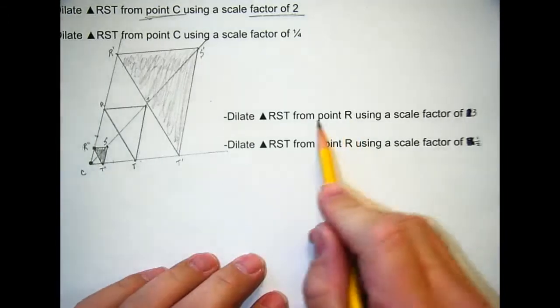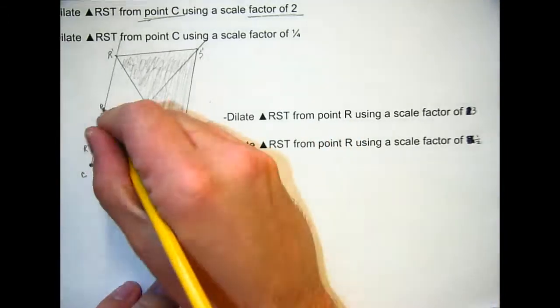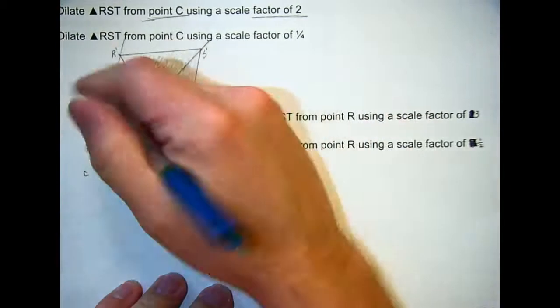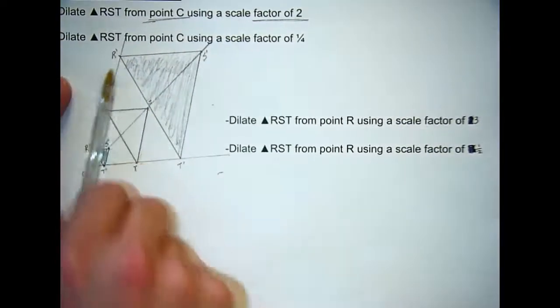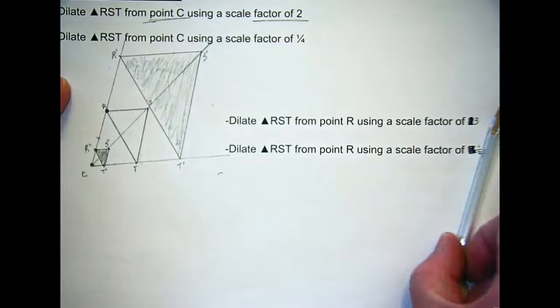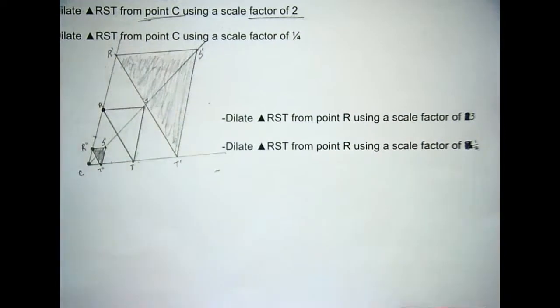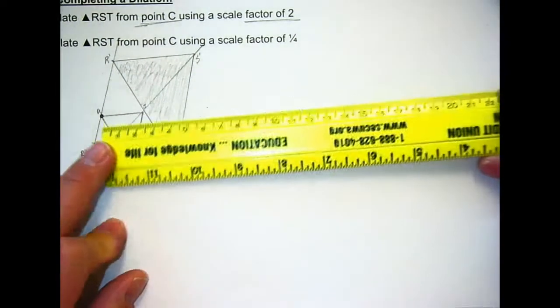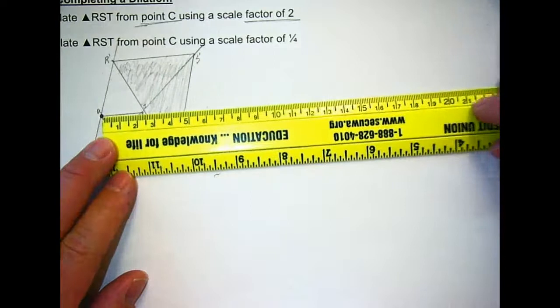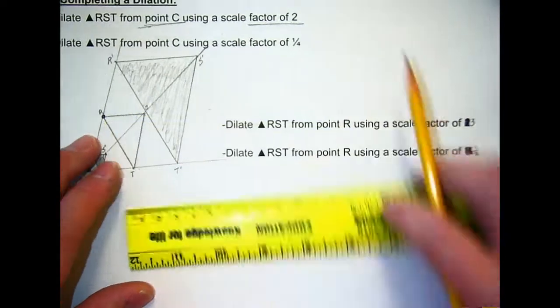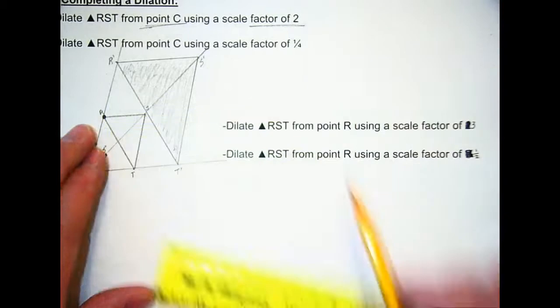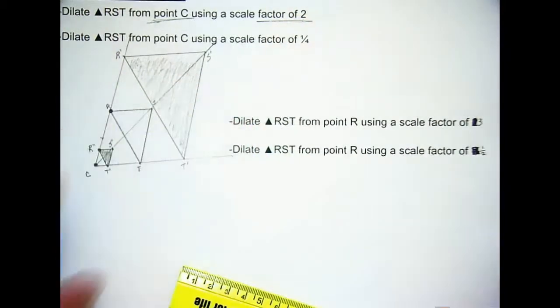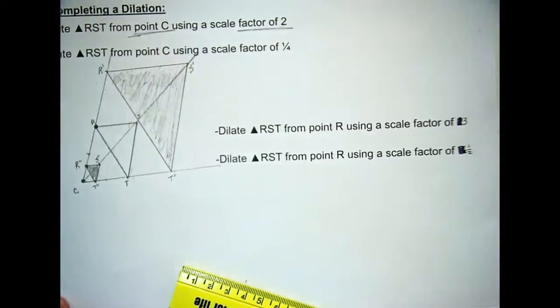Good, you're dilating from R, so we're now pushing out from this point right here, which means our figure is going to project out this way, right? So if I'm going a scale factor of 3, the benefit is you only have to duplicate 2 points, right? So if I'm going scale factor of 3 and measure that out, I want everyone to go ahead and project that 3 times as big right now on your paper.